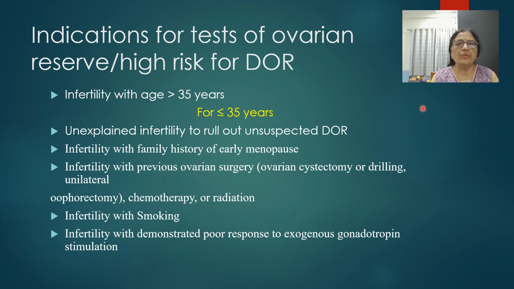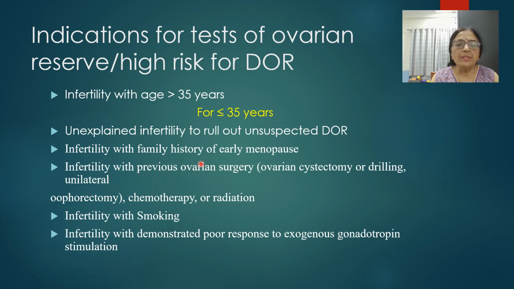Indications for test of ovarian reserve, or we can say, what are the high risk factors for diminished ovarian reserve. Infertility with age more than 35 years is a specific or agreed indication, but when the woman's age is less than 35 years, then only specific cases should be advised this test, such as unexplained infertility, to rule out unsuspected or surprise diminished ovarian reserve.